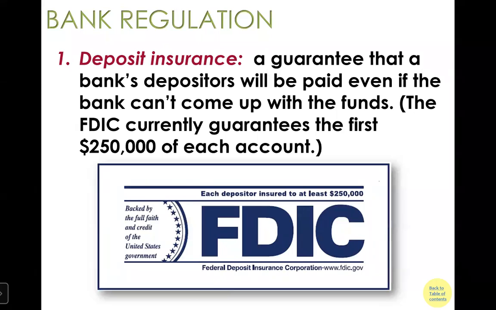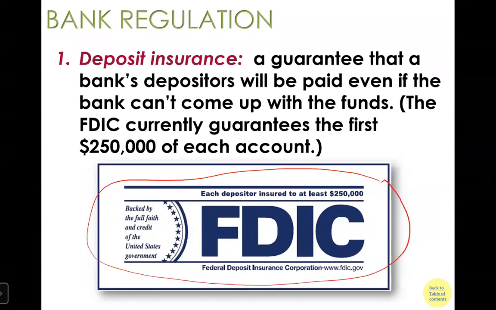So these signs look like here. What does this mean? It says that for each depositor, the bank will insure their deposits at FDIC. FDIC stands for Federal Deposit Insurance Corporation. So this is a federal agency.